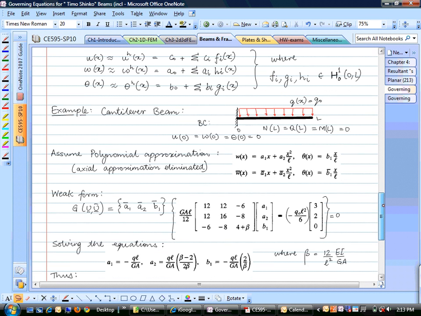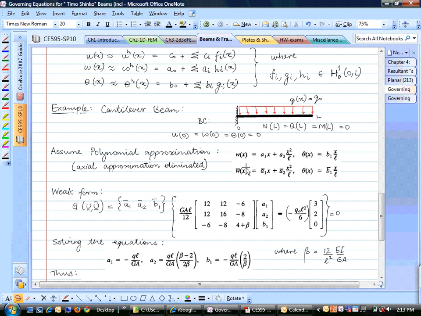So we have assumed this deformation, and if you plug this into your weak form, you will see that all the virtual displacements, virtual coefficients will come out, A1 bar, A2 bar, B1 bar, they will all come out. What you will be left with is K times D minus F is equal to 0.